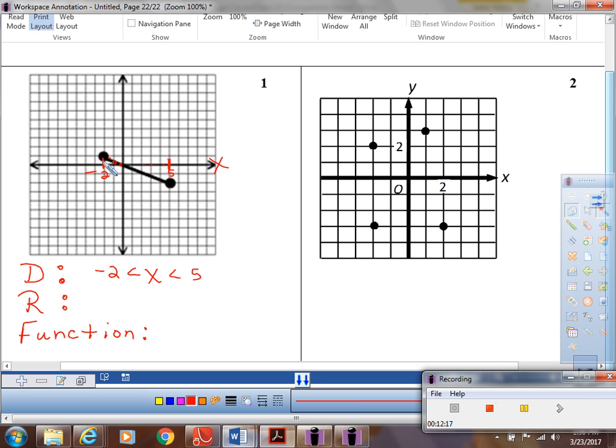Now, is the point shaded at that -2? Is this point shaded at that +5? Then you should have this little symbol in there too, because that means equal to. So it's all the numbers in between -2 and +5, everything in between those. That's what this inequality represents.